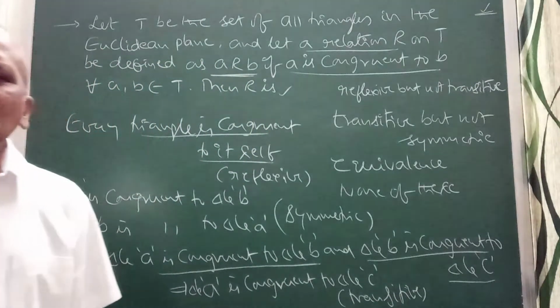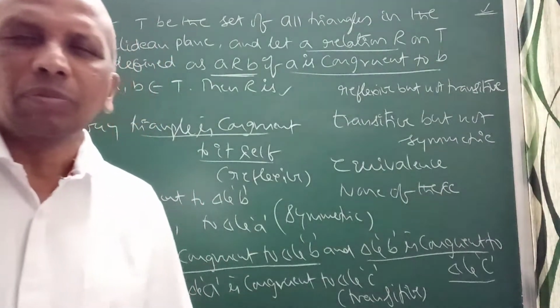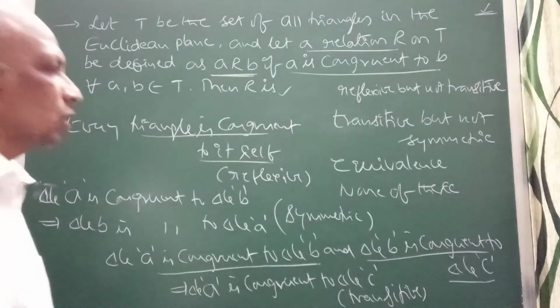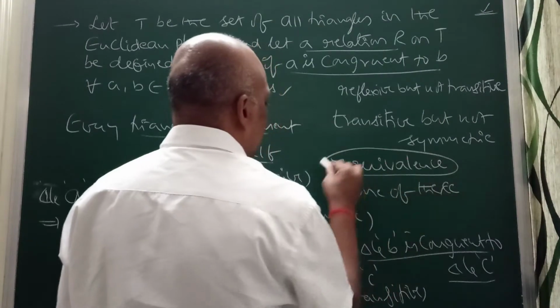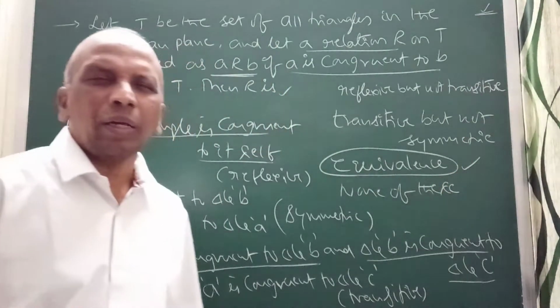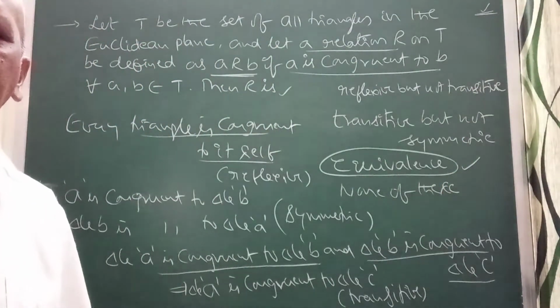If a relation satisfies reflexive, symmetric and transitive, then it is called an equivalence relation. So your answer is equivalence relation.